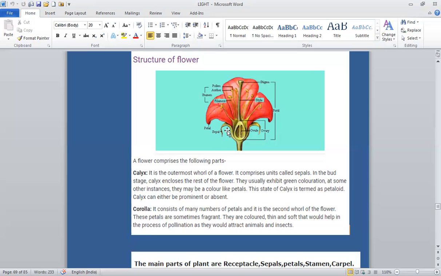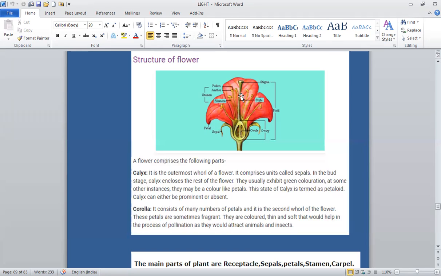One, two, three, and the fourth. We'll study about them one by one. They are sepals, which are usually green in color. Then the petals, these colorful ones. Then stamens. And carpel or pistil.